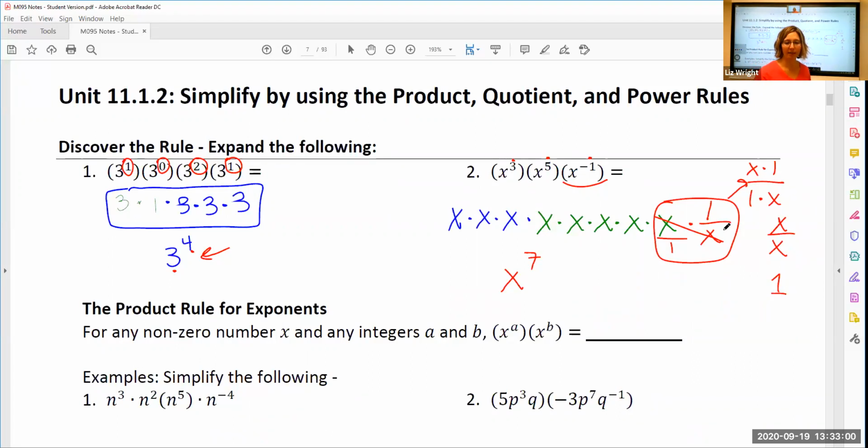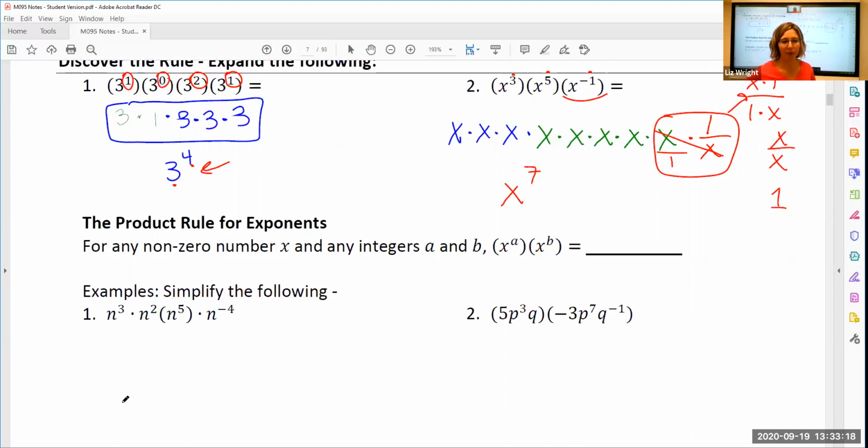And that's why in this next part, the product rule for exponents, that's where that rule comes from, and that's how it works out. The product rule states for exponents, for any non-zero number x and any integers, so remember integers, if you don't remember what those are, you might want to write yourself a little note off the top or bottom of what the word integers means.